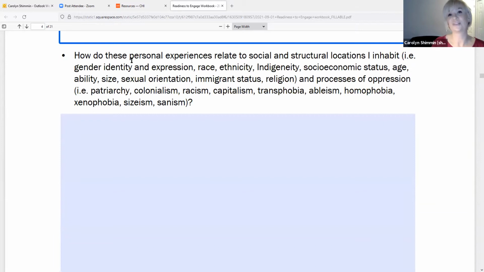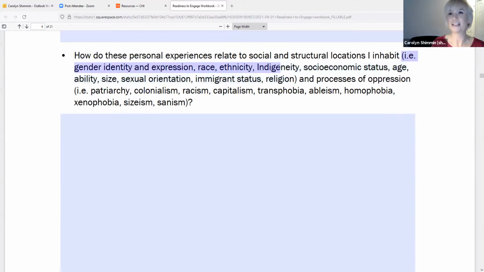How do these personal experiences relate to social and structural locations I inhabit? So when I talk about social and structural locations I inhabit, these are socially constructed categories such as gender identity and expression, race, ethnicity, indigeneity, socioeconomic status, age, ability, size, sexual orientation, immigrant status, religion, all of these different social locations which we inhabit.